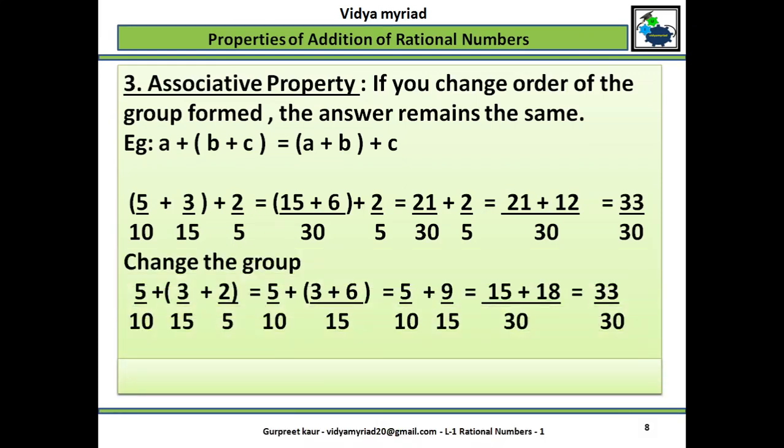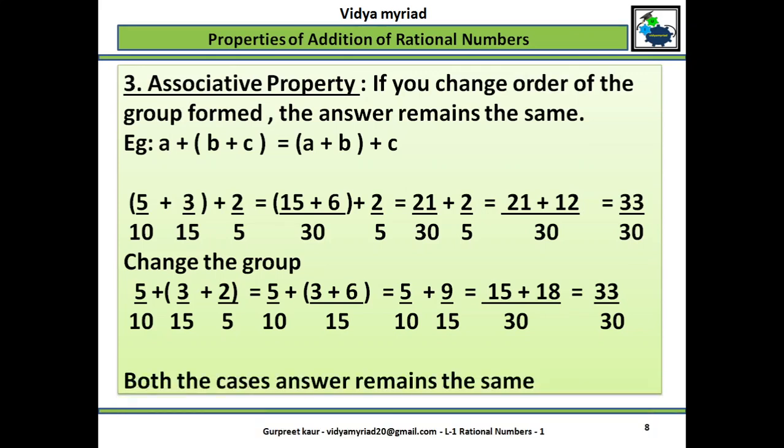Now here I have made the group of 3 upon 15 and 2 upon 5. When I take the LCM and solve it, at the end you see, again I am getting 33 upon 30, which means in both the cases my answer remains the same. I can regroup it in any way. So my answer should come the same. So that means it holds the associative property.